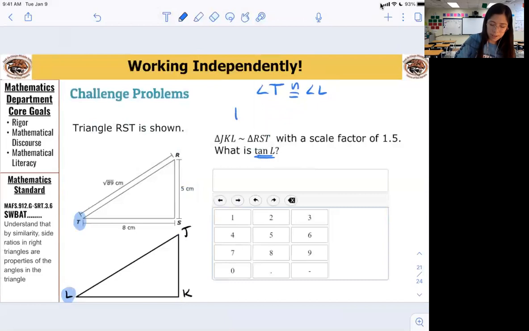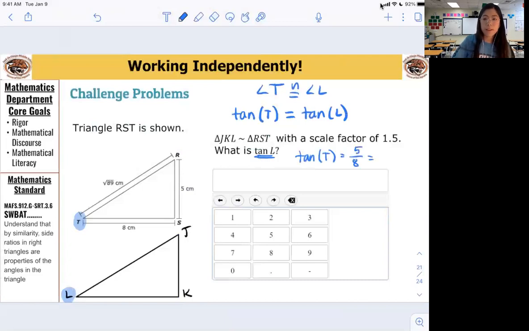So the tangent of t has to be equal to the tangent of L. You didn't even have to go through all that work, because the tangent of t is 5/8, which gives you the same exact answer, 0.625. That was kind of the trick. You could have just done it the quick way. Make sense?